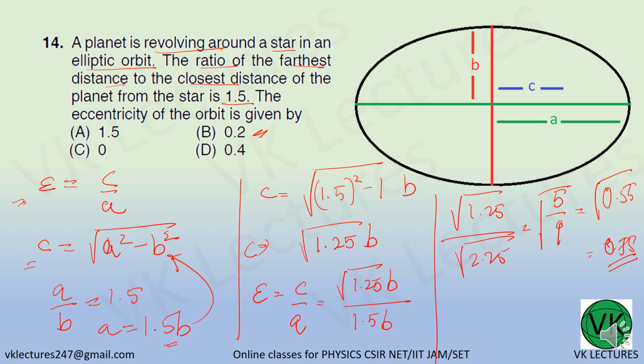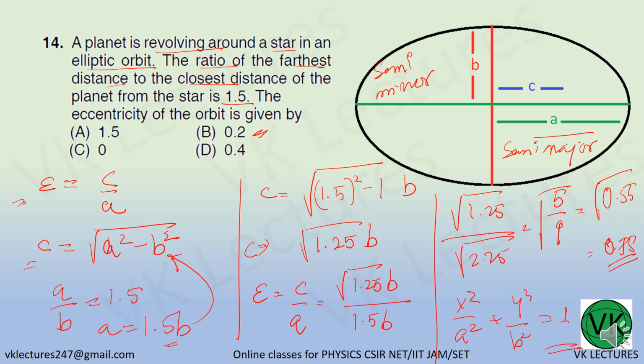The equation of an ellipse is x square divided by a square plus y square divided by b square equal to 1, and this is a, which is the semi-major axis, and this is b, which is the semi-minor axis.